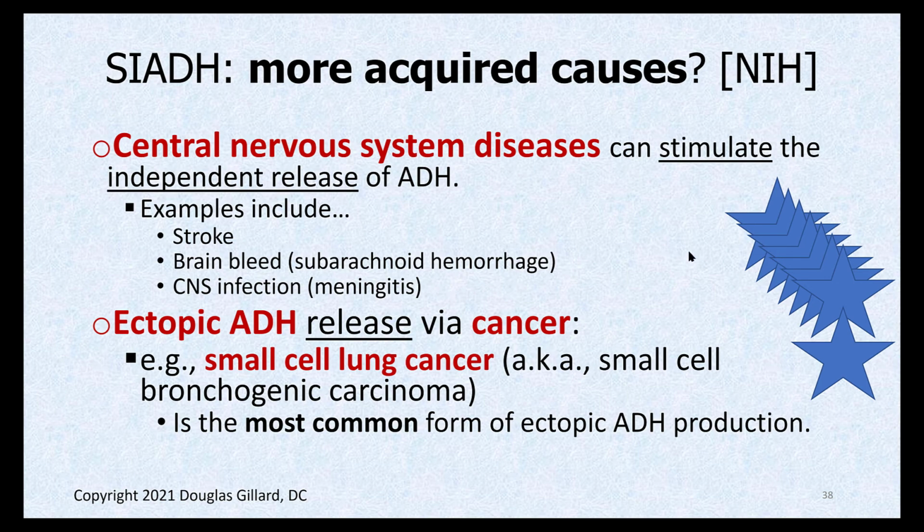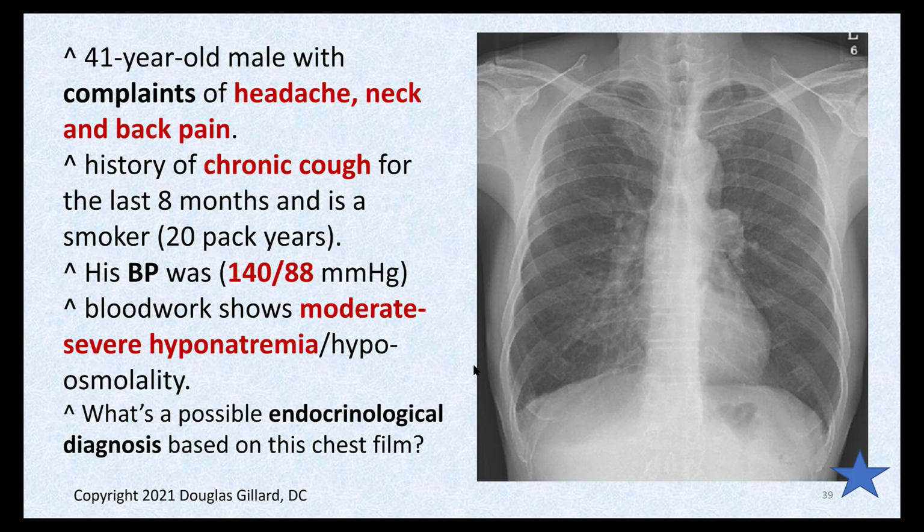Then, as we said, ectopic release of ADH, like cancers. I always put this on the test, and about half of you will miss it, but SIADH can come from small cell carcinoma. In fact, it's not uncommon for this type of cancer to release ADH ectopically on top of your normal ADH production. Okay, let's take a look at this.